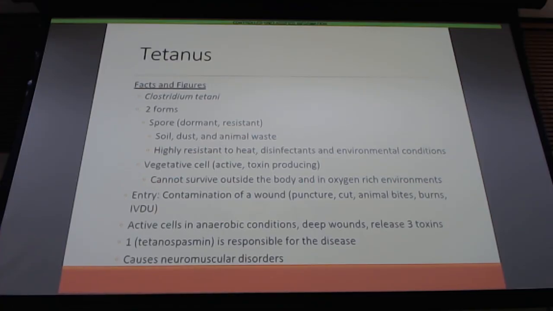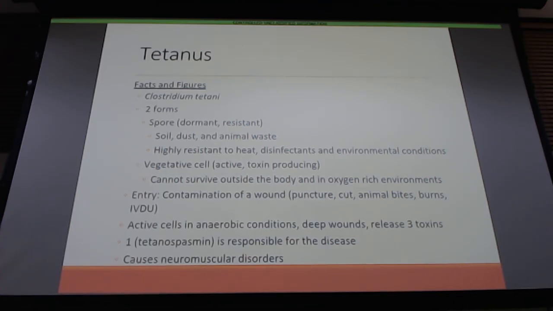Tetanus. Okay, this one is bad. This is Clostridium tetani. This one produces a toxin called tetanospasmin. Okay, and what that tetanospasmin toxin does is it cuts the brakes from your neurologic system. You guys remember GABA and glycine? Remember that from neuro? That's what gets shut off when we want to stop stuff.